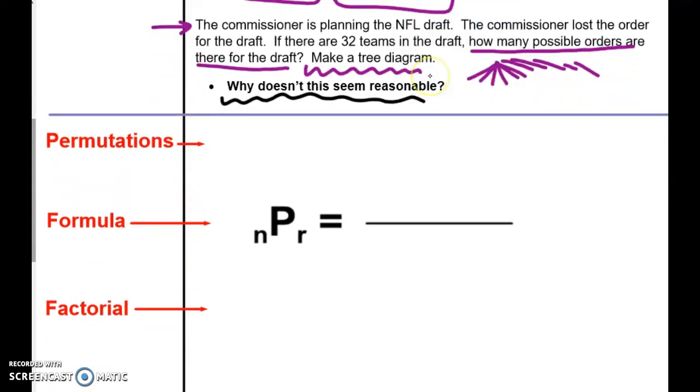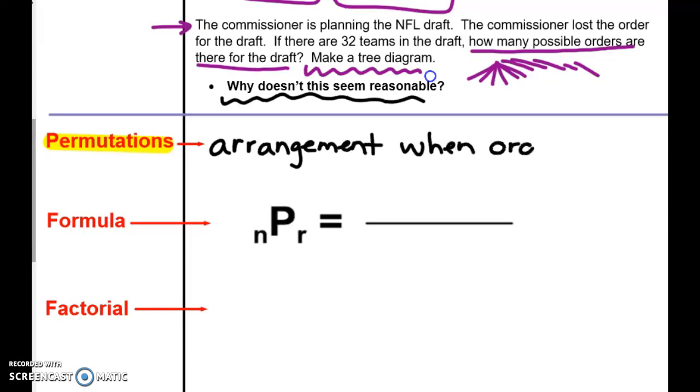A permutation is an arrangement when order matters.